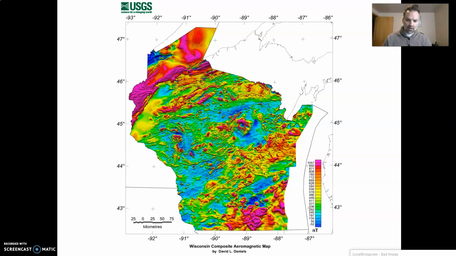That happened, I think, 1,100 million years ago, when the continent rifted apart. It never came to the stage where it formed an ocean basin, but it failed at that stage.